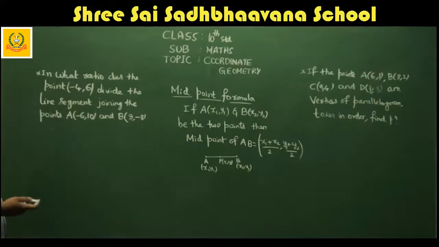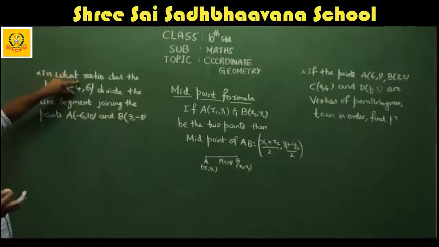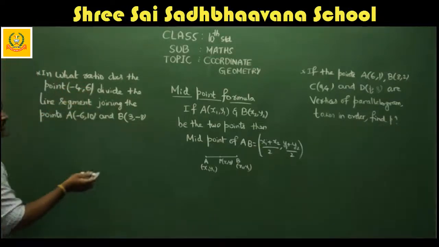Listen carefully. In the last case, we did some sums related to the section formula. There they gave the ratio and the points A and B and asked you to find the point P. Here they are asking you to find the ratio, but they have given the point P.